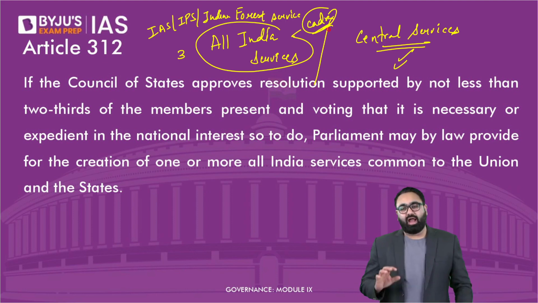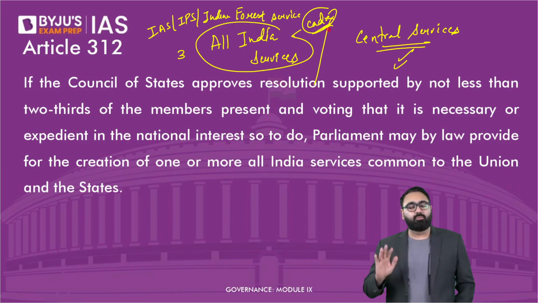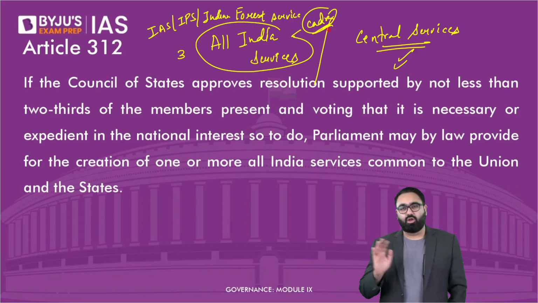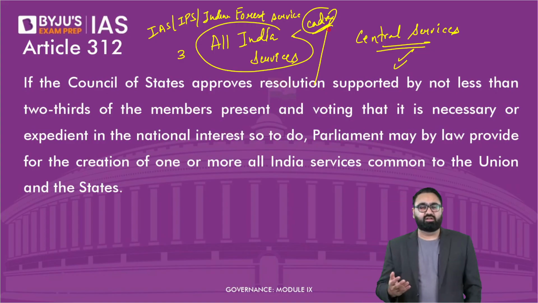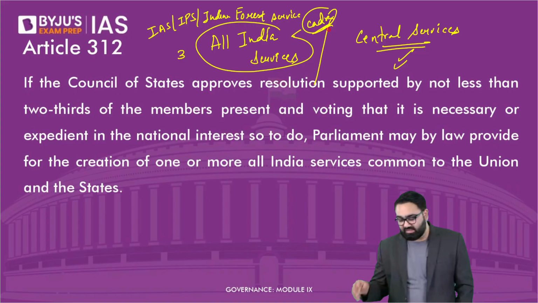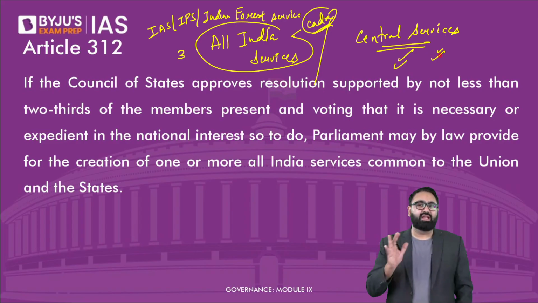On the other hand, when you are part of the central services, you only report to the government of India, not to any state government. Central services include railways, revenue, foreign service, postal service, audit and accounts service, defense-related services, and defense estate services. So central services are those where you are under the central government only.